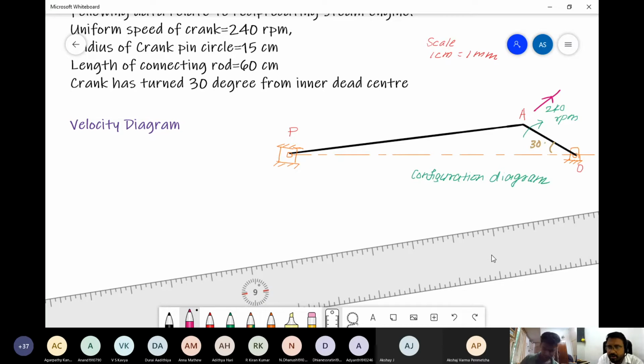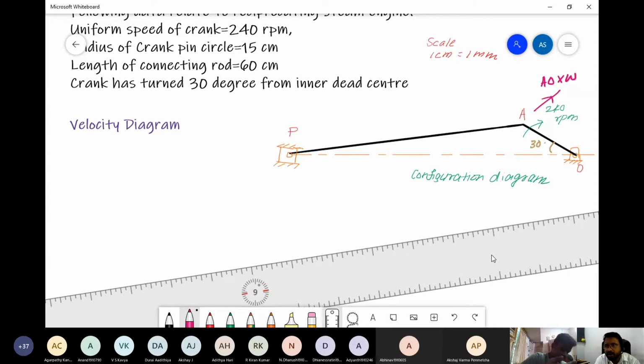What will be the magnitude of this? What will be the length of it? R omega. R means AO, so the length of it will be AO into omega.